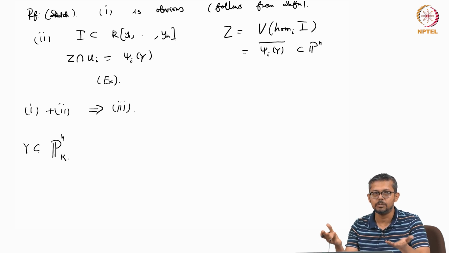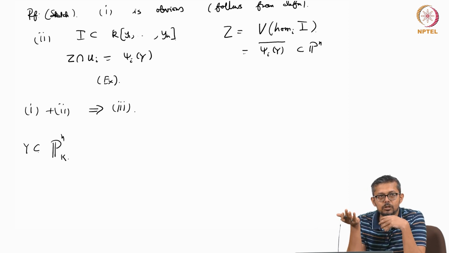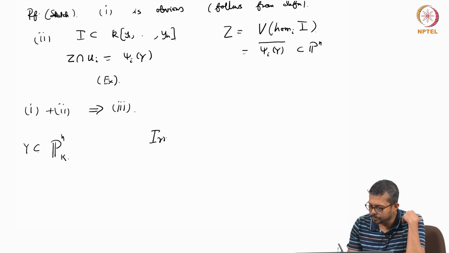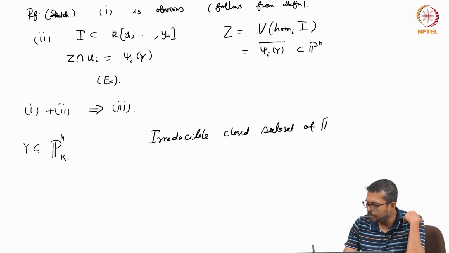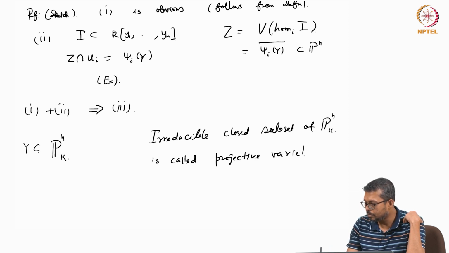If you have a topological space and you take a closed subset, you can ask whether it is irreducible. So an irreducible closed subset of Pn is called a projective variety. This is the definition.